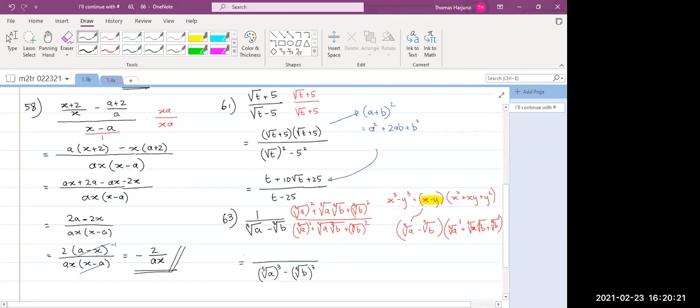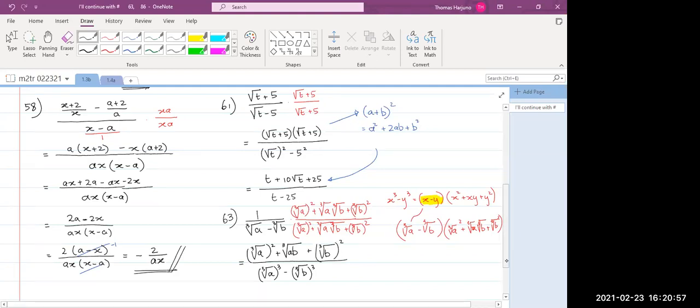Okay, now while on the top we have cube root of a being squared. Now, cube root of a times cube root of b is cube root of ab, plus cube root of ab, plus cube root of b being squared.